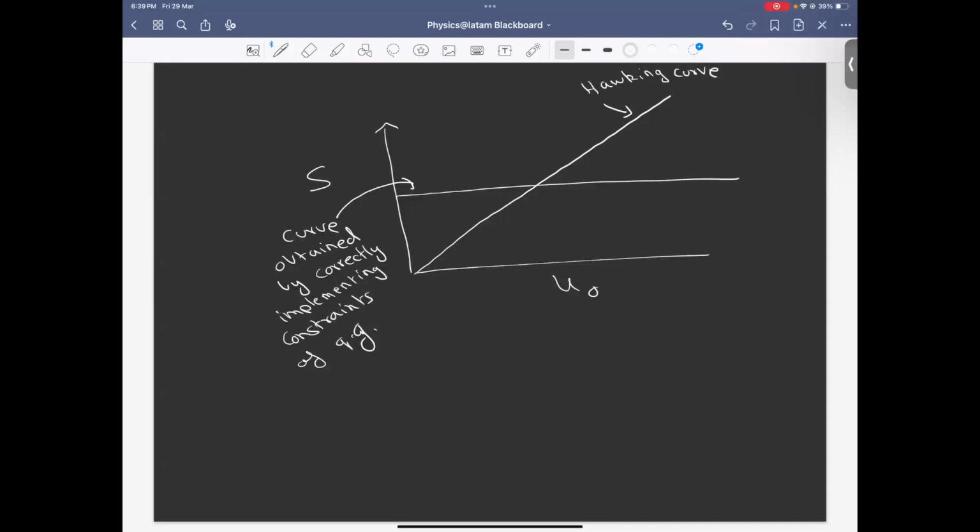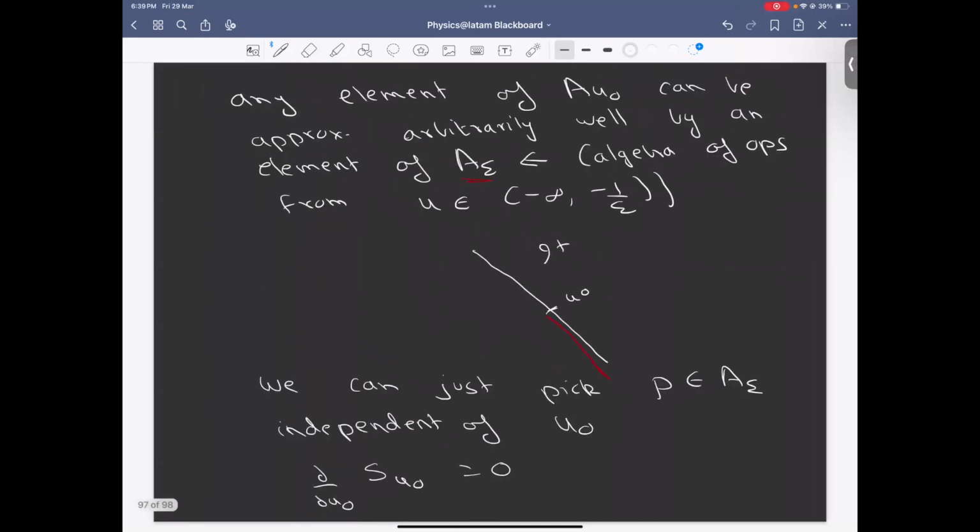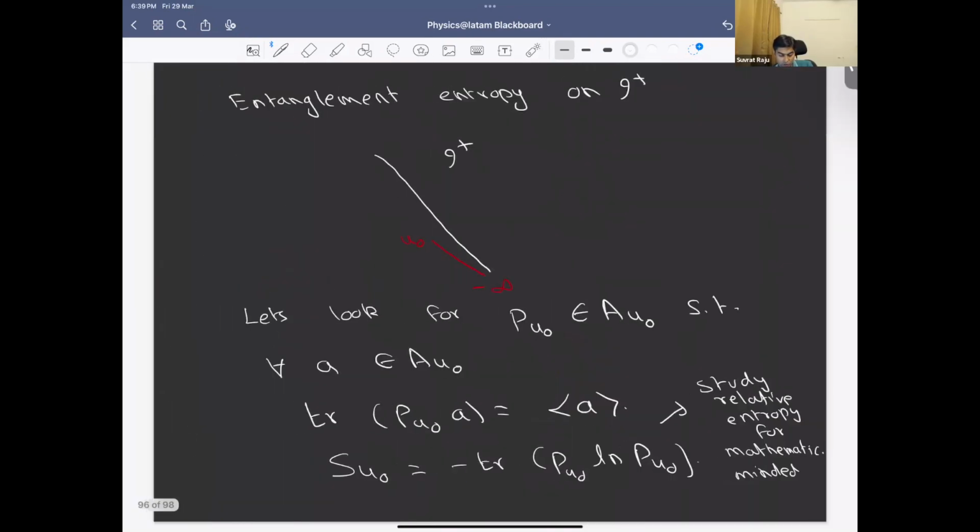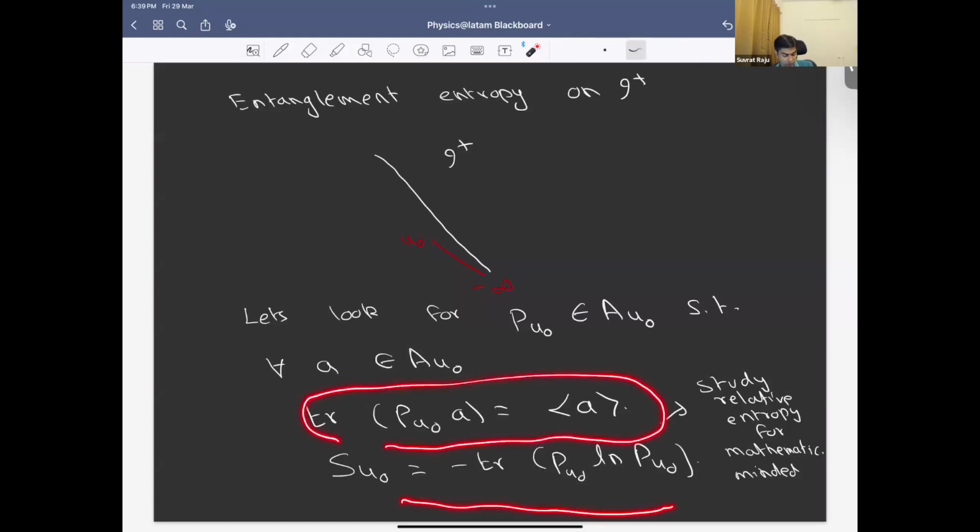Right. And why is rho of U0 in the previous slide independent of U0? I didn't get it. Because look how we defined it. We defined it by saying, look for a density matrix which depends on U0, which has this property. And then you compute S of U0. This rho U0, in a usual quantum field theory, you would pick from this algebra A of U0.